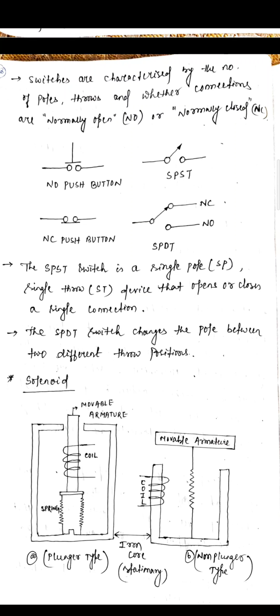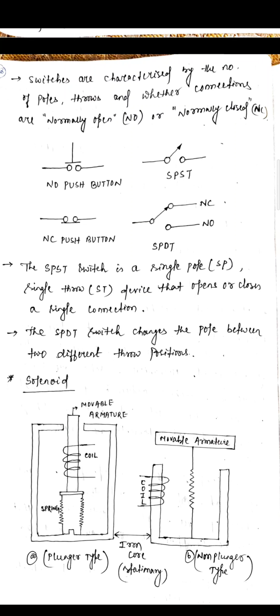So let's move to the solenoid. First look at the figure. Figure A is the plunger type, and figure B is the non-plunger type. What is the difference that you feel? In a plunger type there is a central movable armature, and in a non-plunger type the movable armature is at the top of the spring.